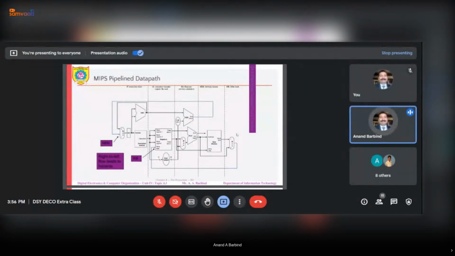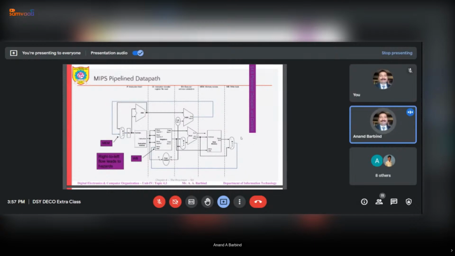So how will it be shared? For some time the register file will be used for reading, and for some other time it will be used for writing into it.